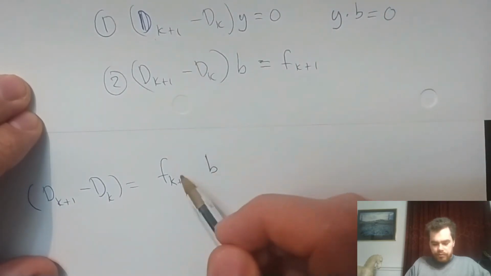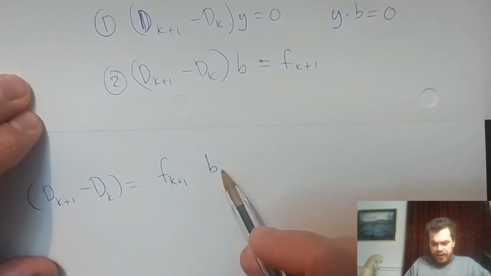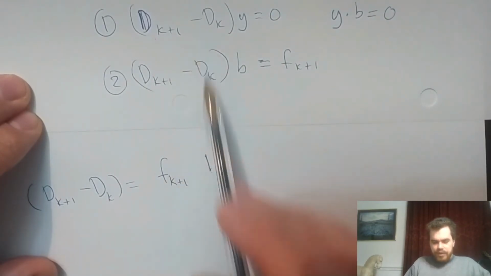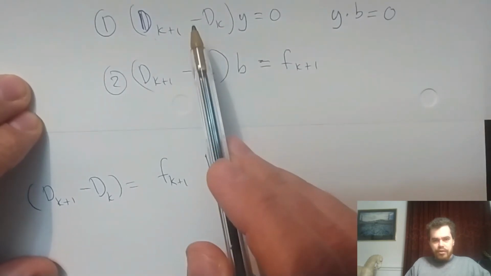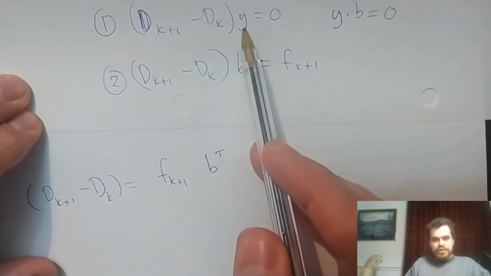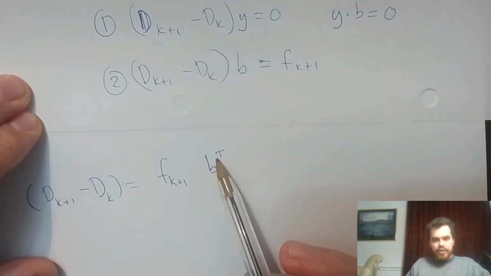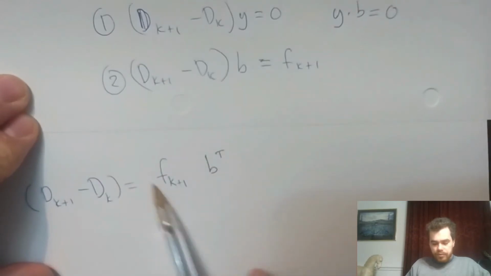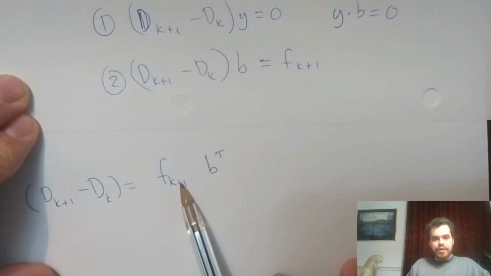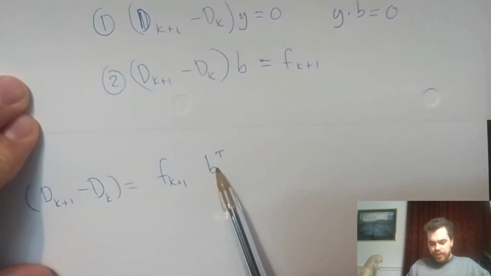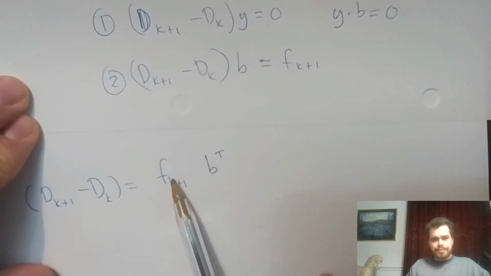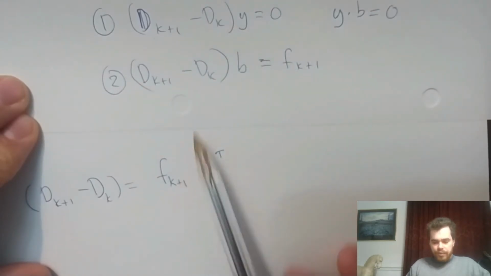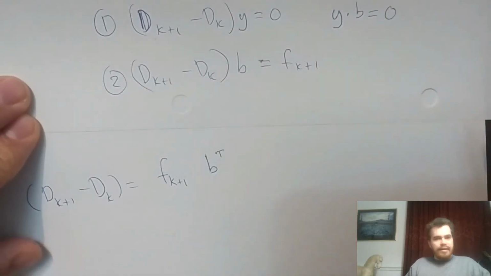Let's note that this is a b transpose, because when we plug this expression in here, the y, which is a column vector, will flip on its side, interact with the transpose, and we'll get a dot product, and it'll evaluate to 0. So this outer product between fk plus 1 and b transpose works fine for this top equation. But when we put it up here, it doesn't work.